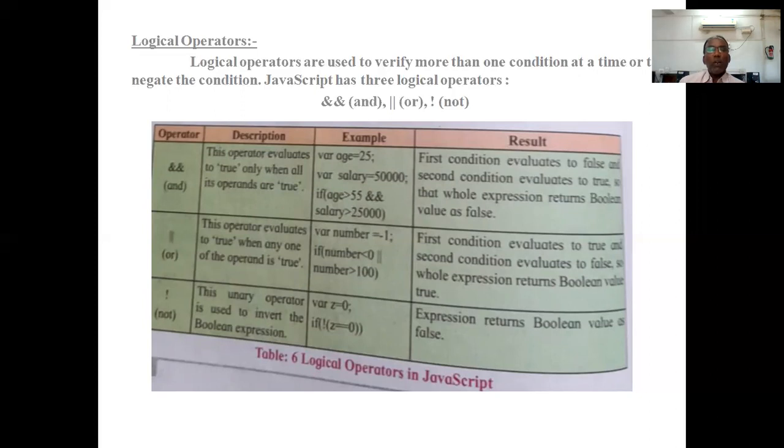Now we will see one example. Consider one example. Here we will declare one variable, age, equal to 25. So here 25 is assigned to the age variable. Now the next variable, salary, is equal to 50,000.